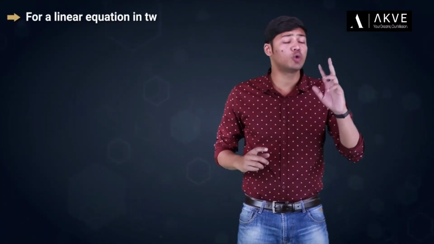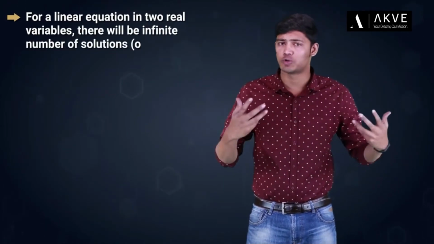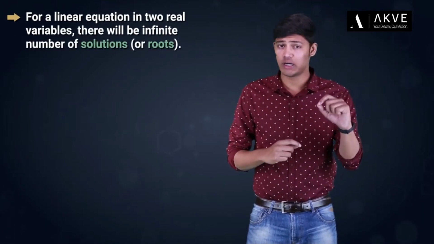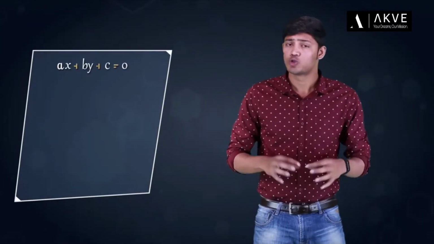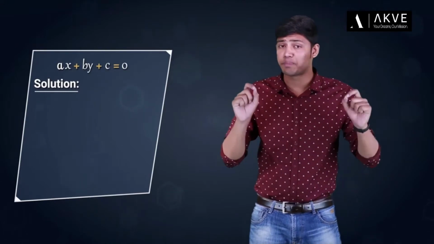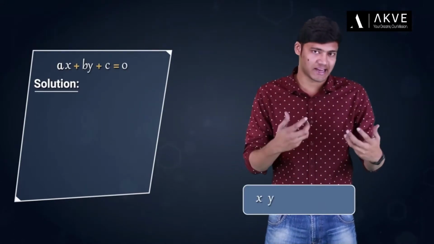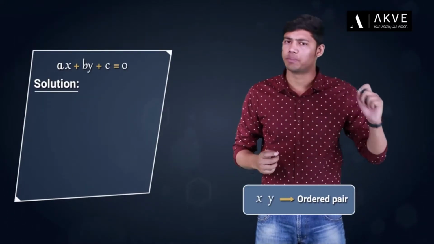So we can conclude that for a linear equation in two real variables, there will be infinite number of solutions or roots. Note that solutions and roots mean the same thing. So here the solutions are the pairs of two variables x and y, also known as ordered pairs.